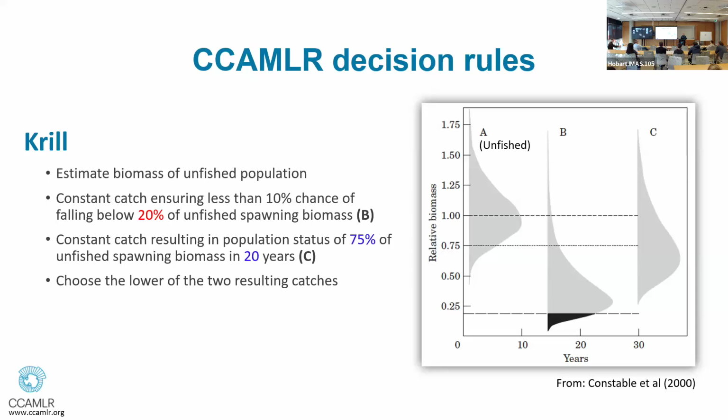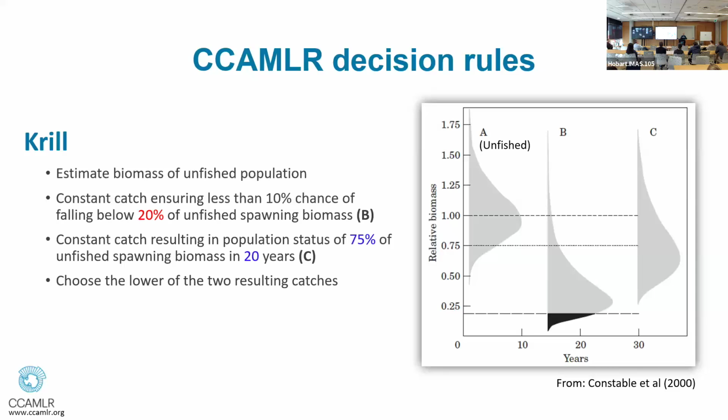The first is you model the population to get a distribution of what you think the size of the population was in biomass, in an unfished population. That gives you a distribution, so there's some variability in what your estimate of that biomass would be.